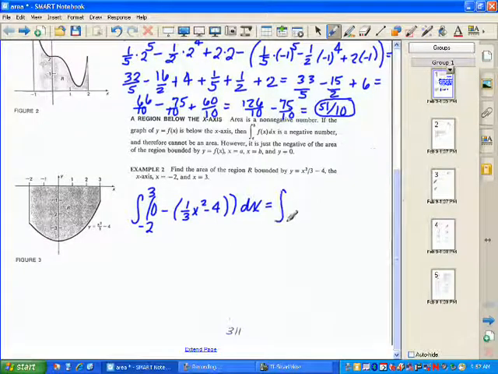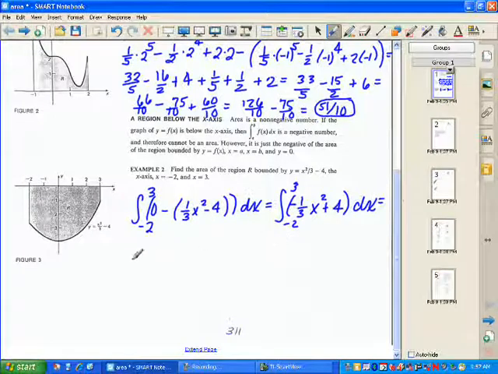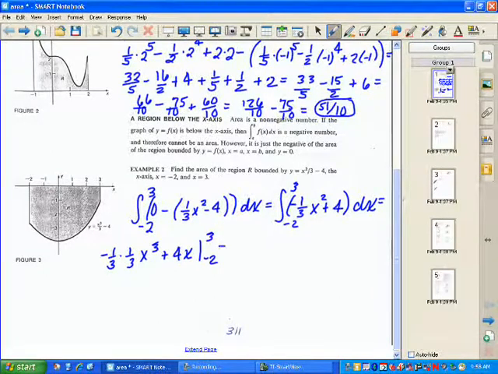Let me take that negative sign through. Negative 1/3 x squared plus 4. Okay, let's integrate. Negative 1/3 out front, and 1/3 x cubed, and 4x. Good so far?